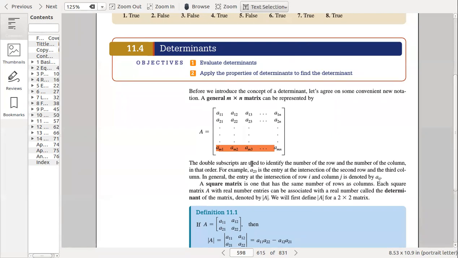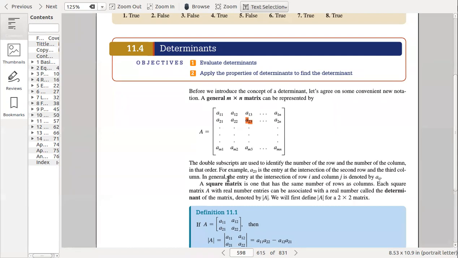Double subscripts are used to identify the number of the row and the number of the column. For example, A11 is the entry in the first row and first column. Similarly, the entry A23 is in the second row and third column.